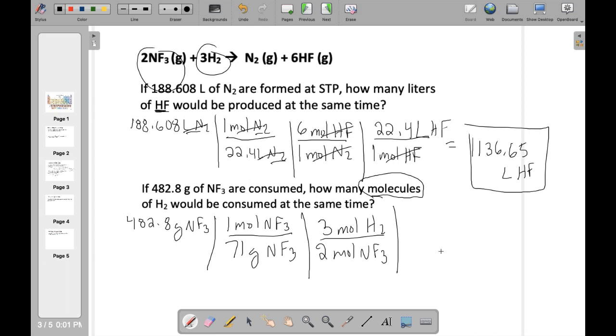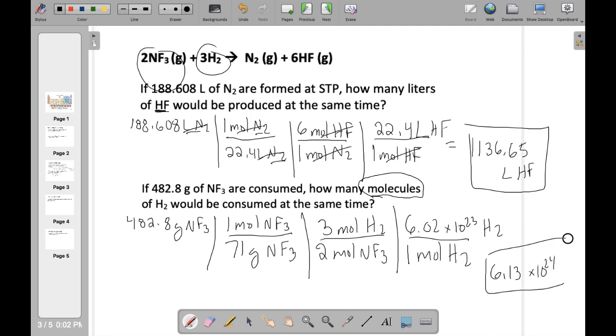I don't want to go to liters. I want to go to molecules. So 1 mole of hydrogen gas will have 6.02 times 10 to the 23rd molecules of hydrogen gas. Now, if I do this math, I will get an answer of 6.13 times 10 to the 24 molecules of hydrogen gas.